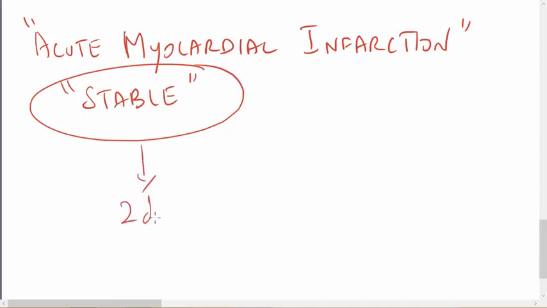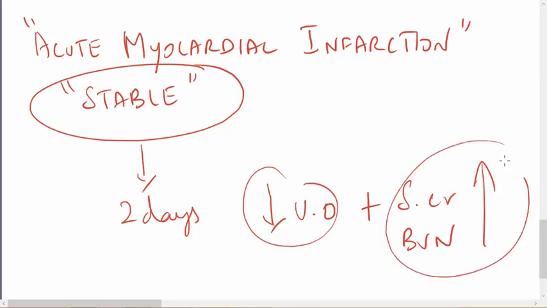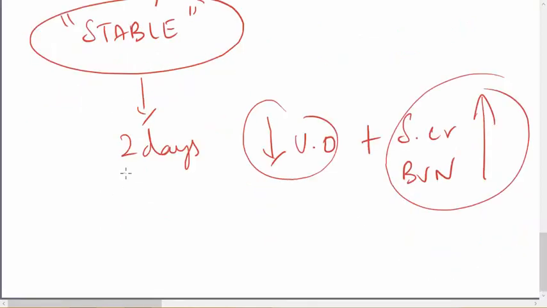So now he is in hospital, right? After 2 days, his urine output drops. He is going for decreased urine output, and here they have given blood urea nitrogen. Usually they give serum creatinine. Blood urea nitrogen is increased. Obviously, if urine output goes down, this will increase, right? So the patient is going into renal failure within 2 days.